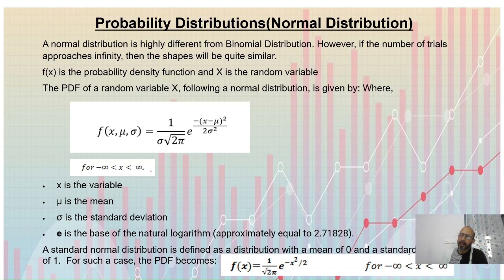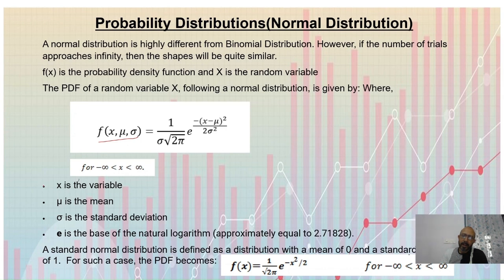The PDF, meaning probability density function, of a random variable x following a normal distribution is given by f(x; mu, sigma) equal to 1 by sigma root 2 pi, e to the power minus (x minus mu) square by 2 sigma square, for x between minus infinity to infinity.